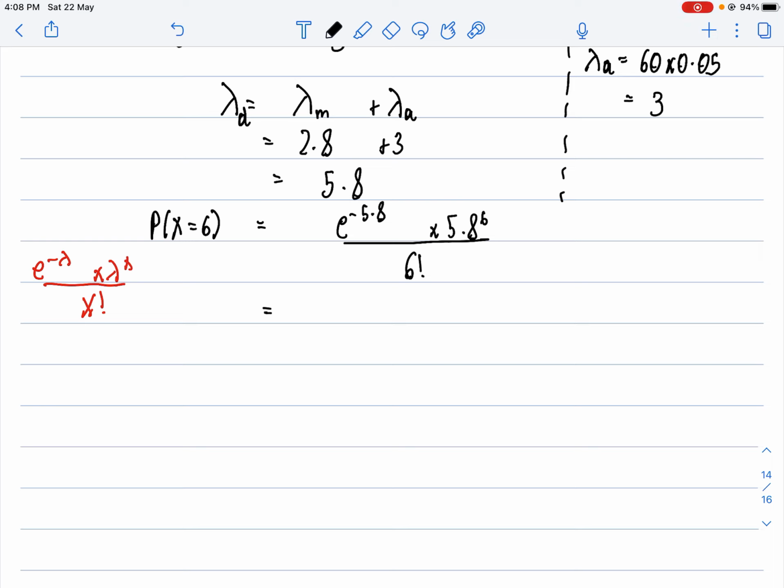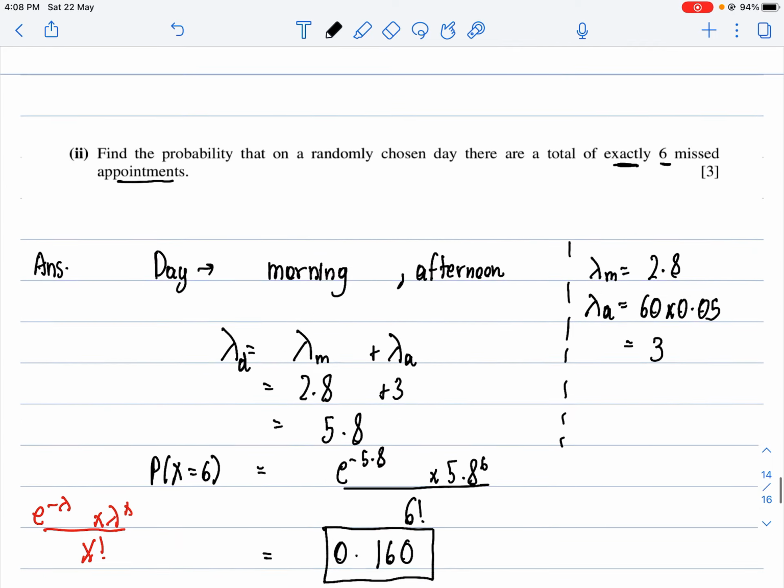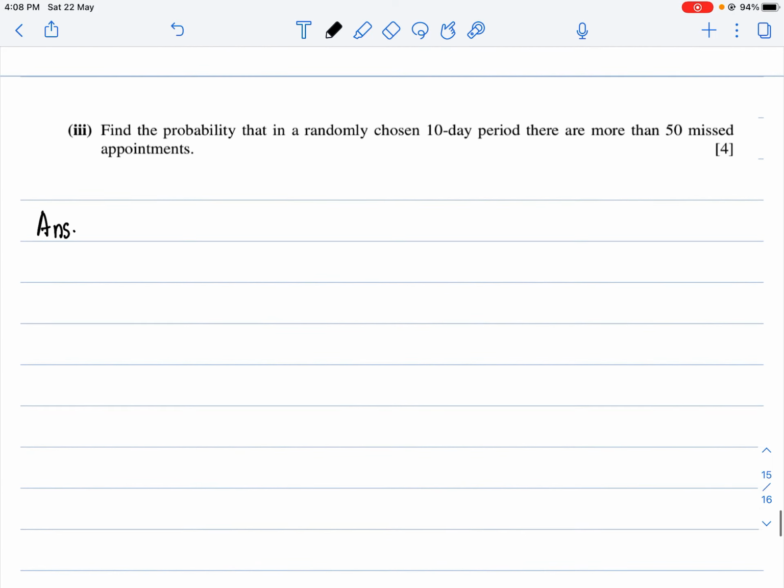You can solve this on the calculator. When I solve this on the calculator, I get my answer as 0.160, which is the final answer of this question. Got it? Now, part 3.